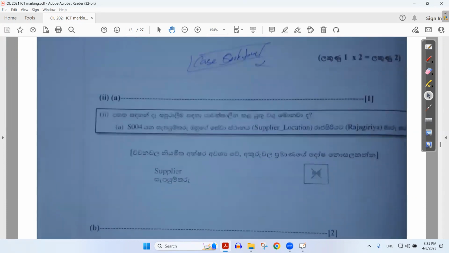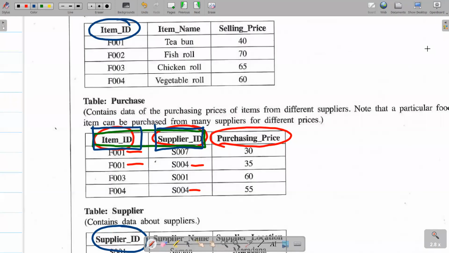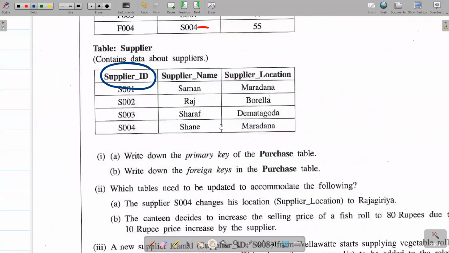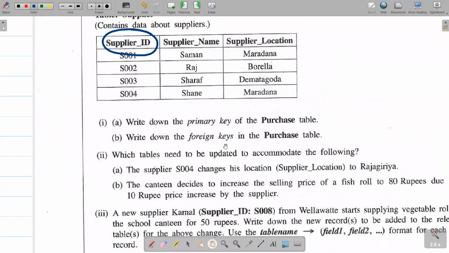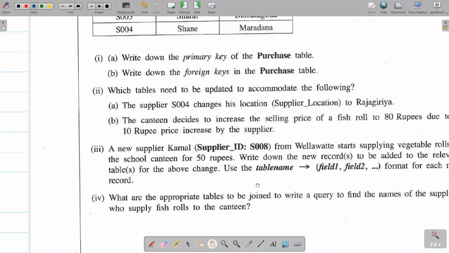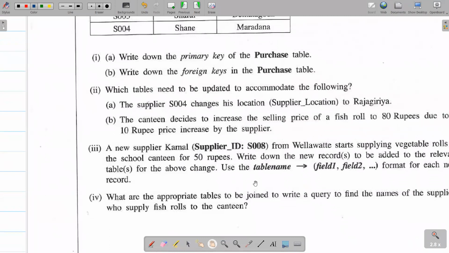And for the second part's first question, it is asking like a query, right? Which table needs to be updated to accommodate the following? The supplier S004 changes his location to Rajagiri. So when a supplier changes the location, you only need to update the location details, right?